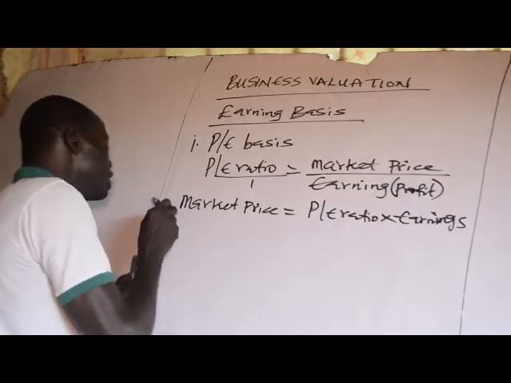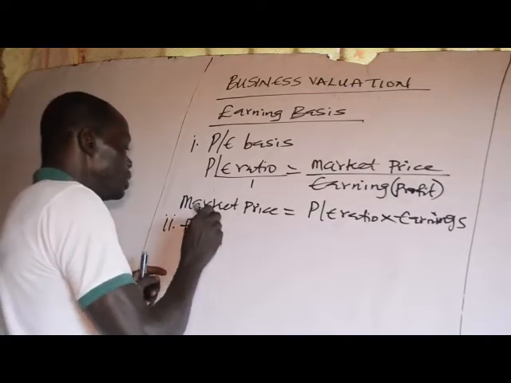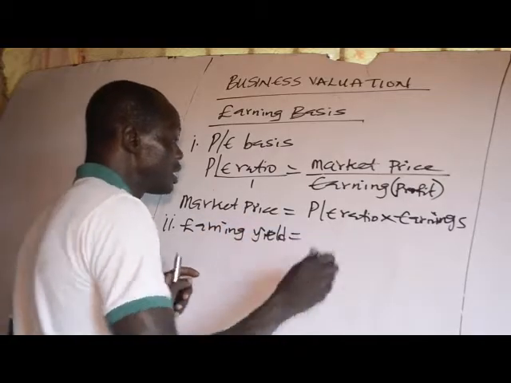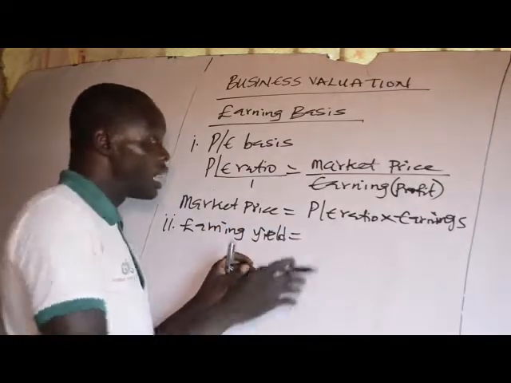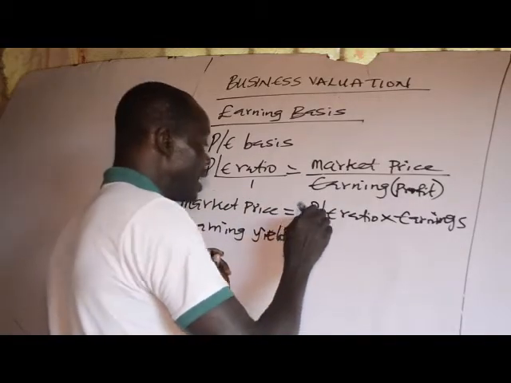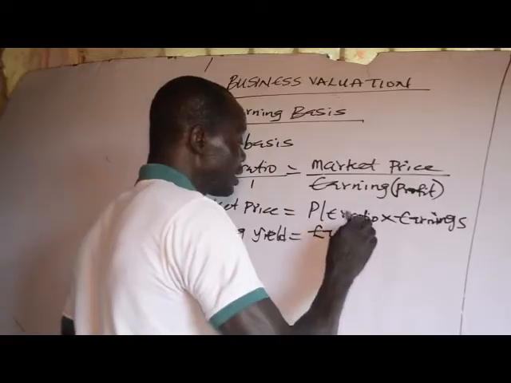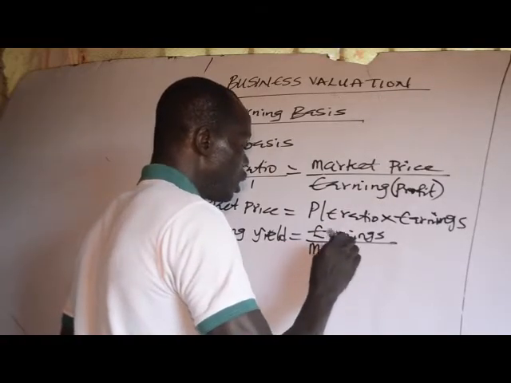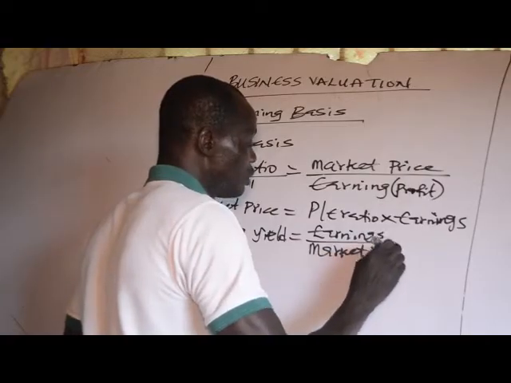And if you want to use the earning yield, from our ratio analysis, earning yield is the reciprocal of the price earning ratio, and the formula is the earnings, total earnings over total market price or total market value, whichever one you call it.